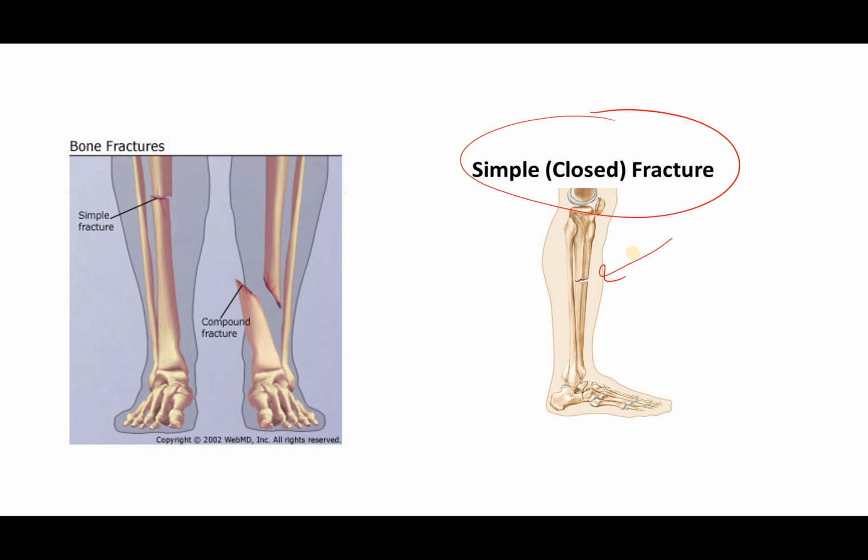So what would you call this one? Is that a transverse? Is it a simple? I would take both. Okay, it's a fairly clean break in the transverse plane, but it's also a simple fracture because it's not fragmented, and the bone broke cleanly into two different segments. Okay, there's the first segment and there's the second segment.